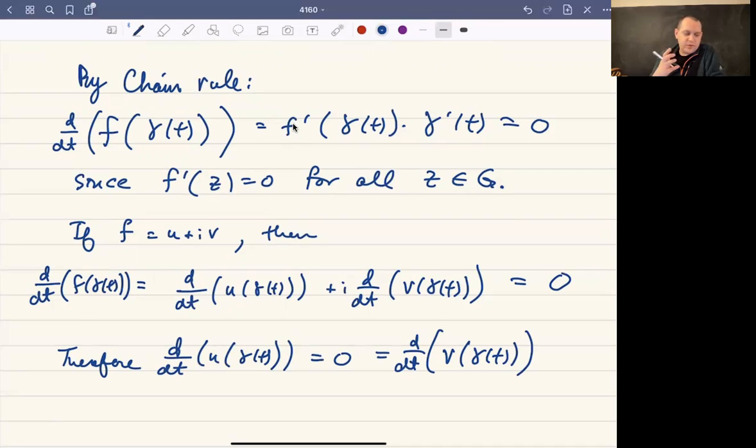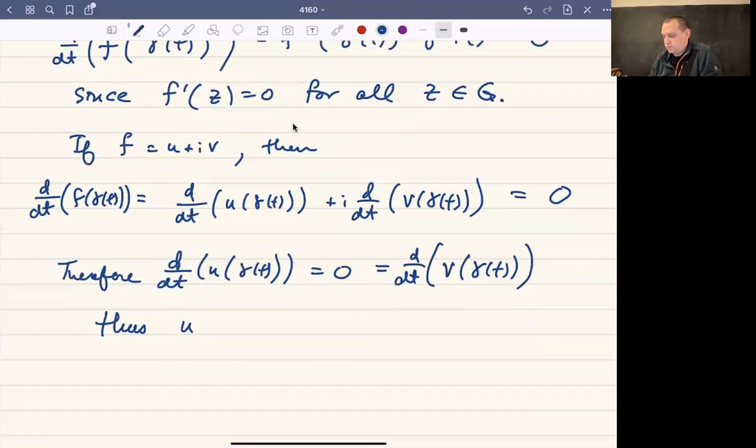And from calculus, we know that since these are actually just functions of one variable, this implies that u is a constant. Say u is equal to a.